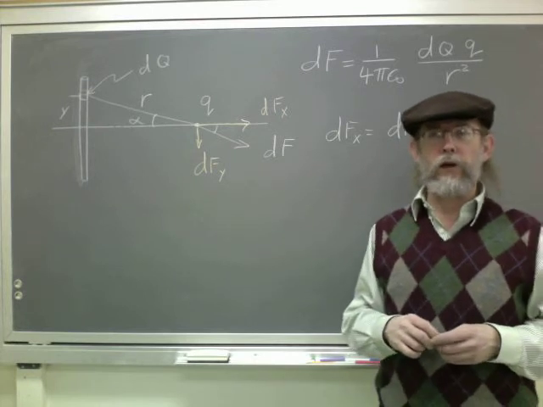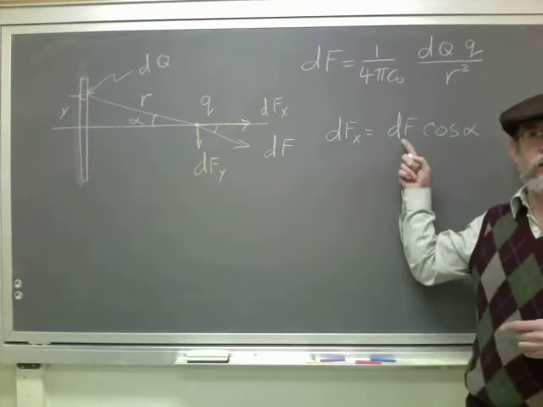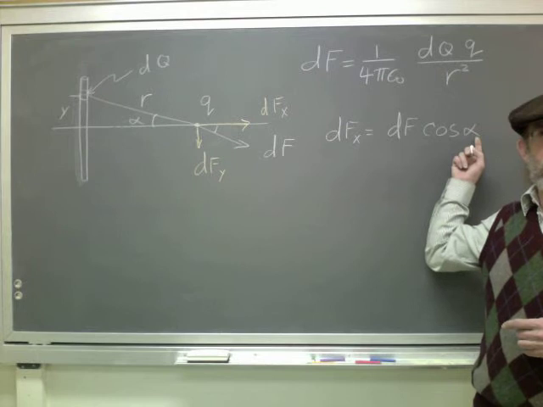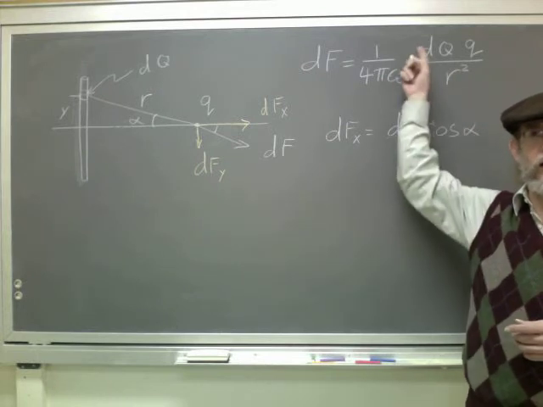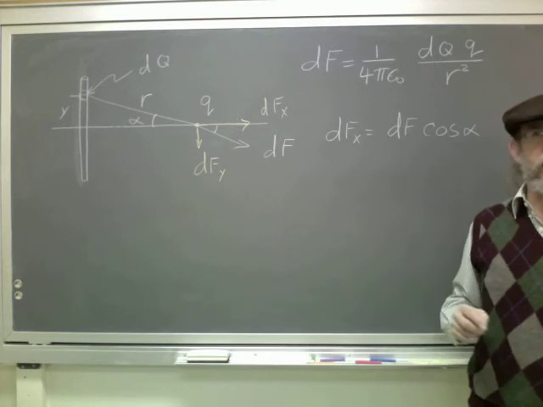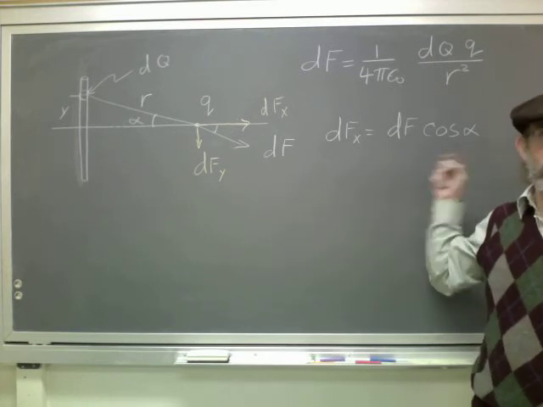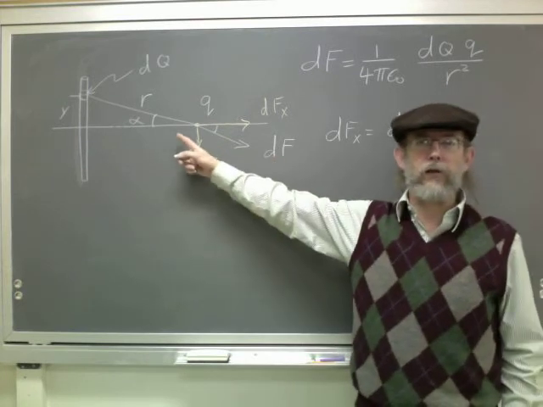So the question is then, how can I describe df and alpha and r in some kind of common language, in dq? Well, let's look at the r and the cosine alpha. Those can be described easily in terms of this triangle.